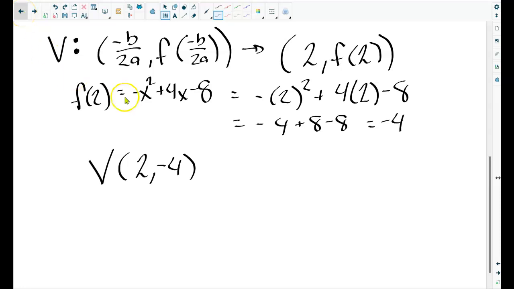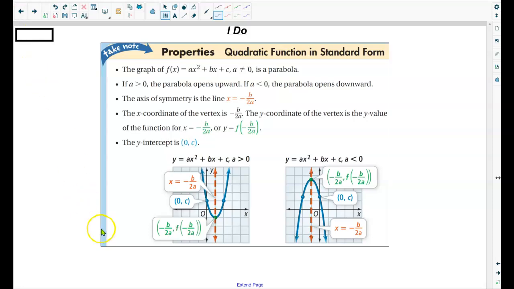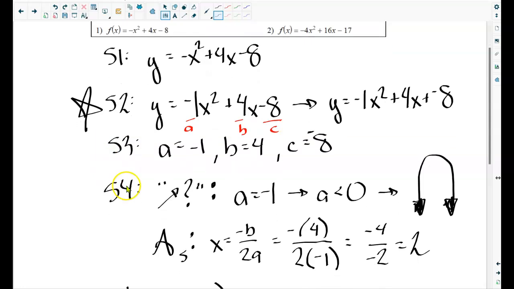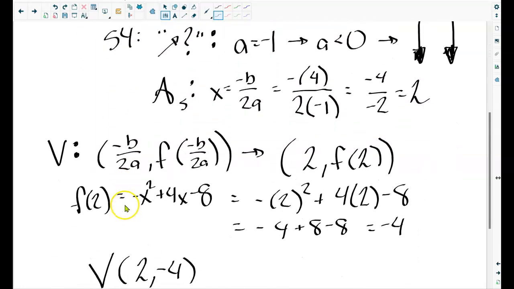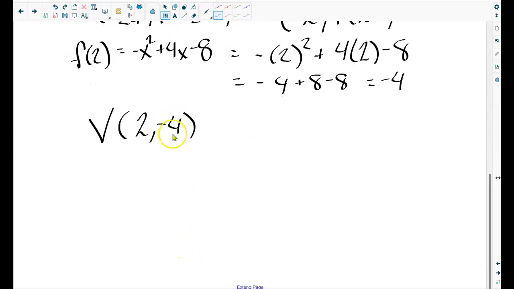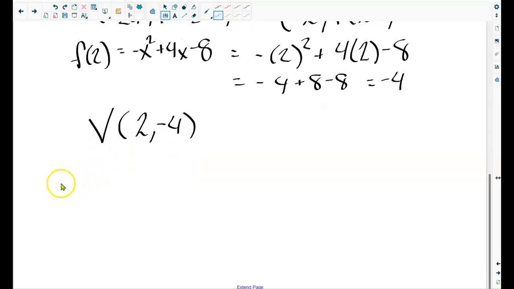And next, what do we need? We need the y-intercept. Alright. So the y-intercept is simply 0, c. Okay, so the x value is 0 and then whatever c is, right? So you guys have dealt with that before. So we have the y-intercept.